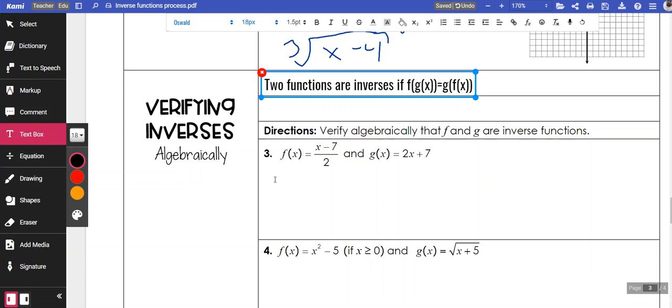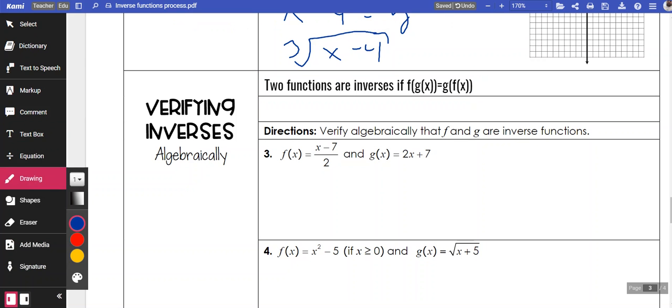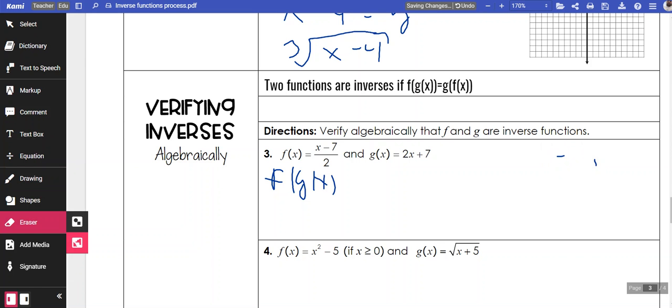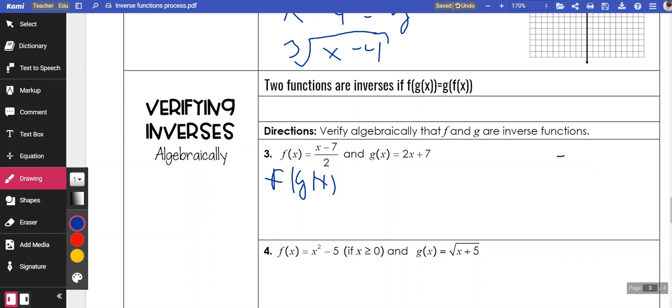So for this one, let's find f of g of x, and let's find g of f of x as well. So let's find the first one, f of g of x.